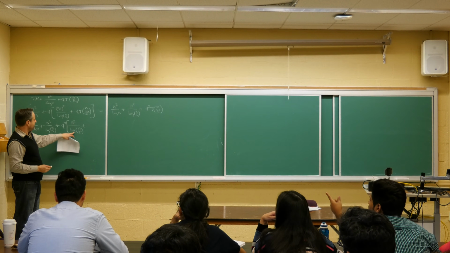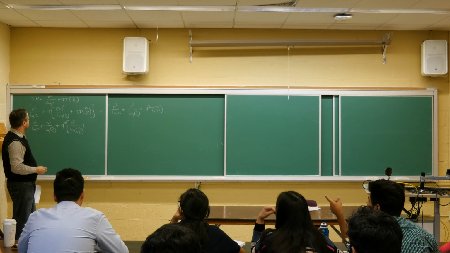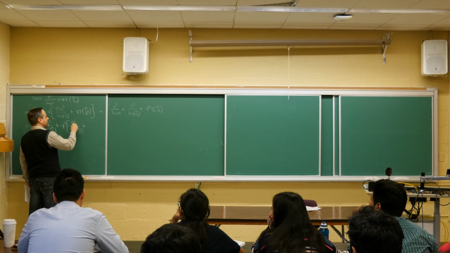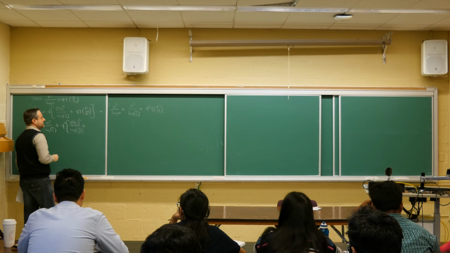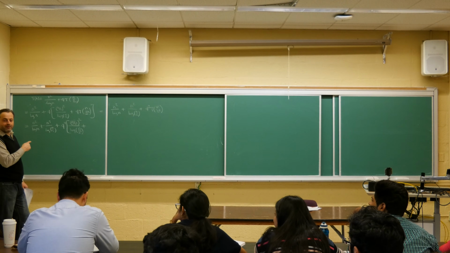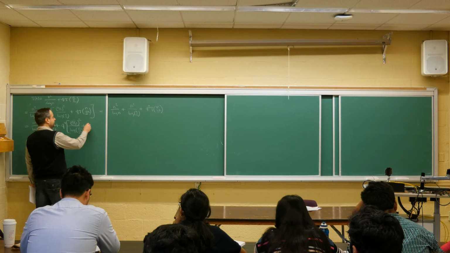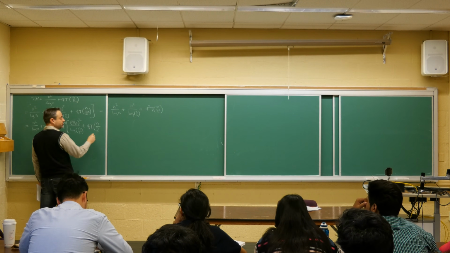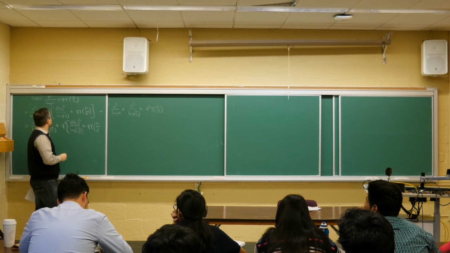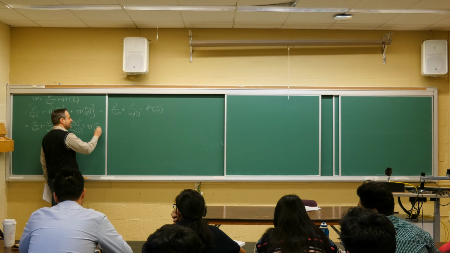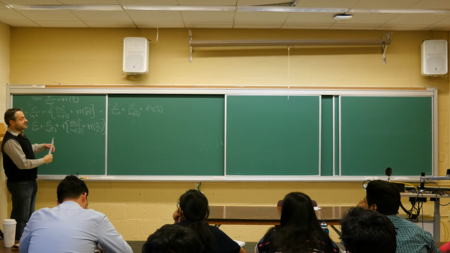Plus 4 cubed, T of n divided by 2 cubed. Am I doing something wrong here? It should be squared, like that. Is that good now? Yep. Okay. Plus 4 T of the what power? 3, right? Because every time I do this it divides by 2.